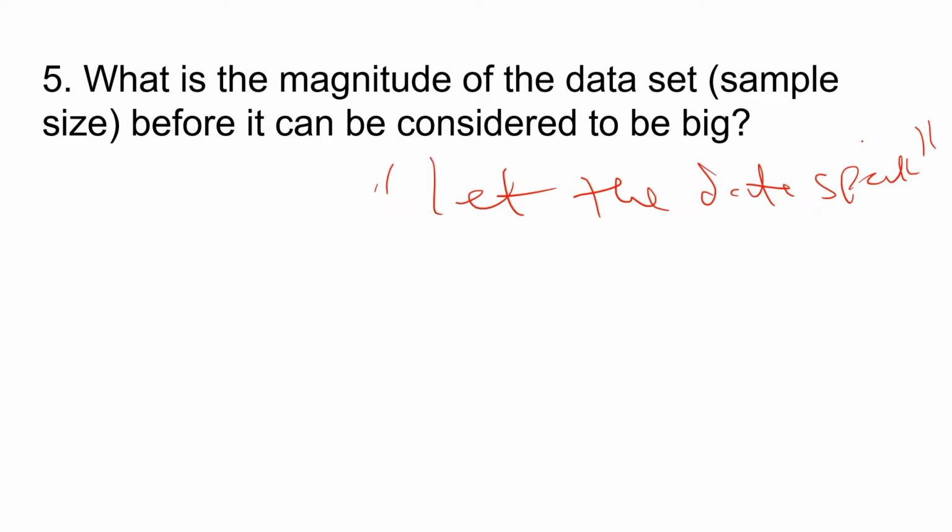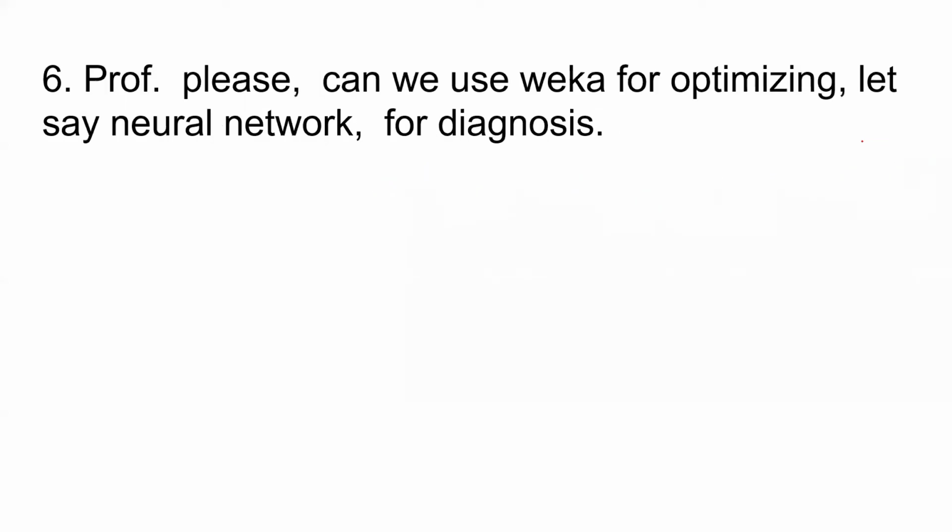Support vector machine has unique capabilities that make it perform well in the face of few data samples. So there's no specific magnitude or clear cut for when data is big. The bigger, the better, but it's a relative term, depending on the area we are working on.